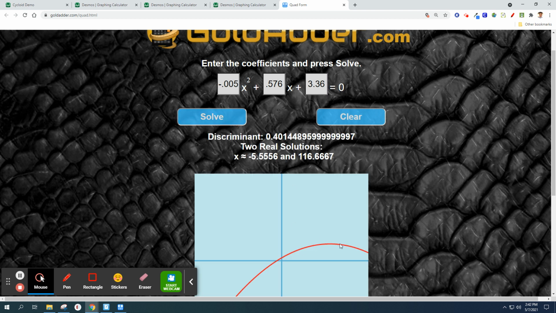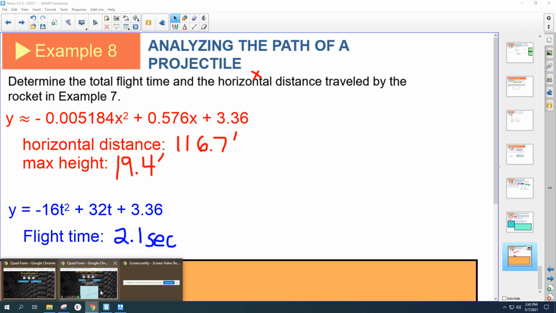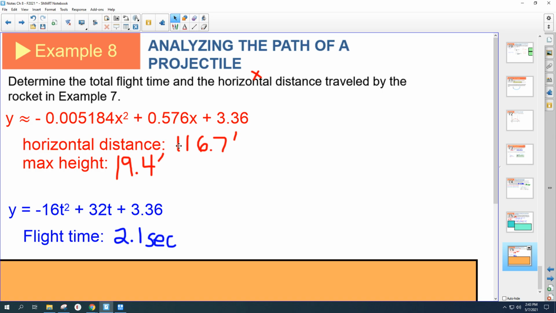You can't quite see it on this graph, but it comes down and hits over here at 116.7. So it's the same answer whether you do it graphically or algebraically using the quadratic formula, right? I didn't show you the steps there, but you're using the quadratic formula to get that same number, 116.7. You could do the quadratic formula, same thing, and get that 2.1.